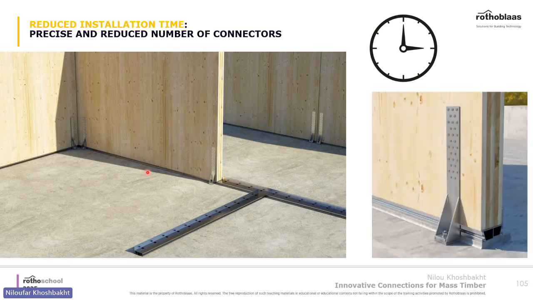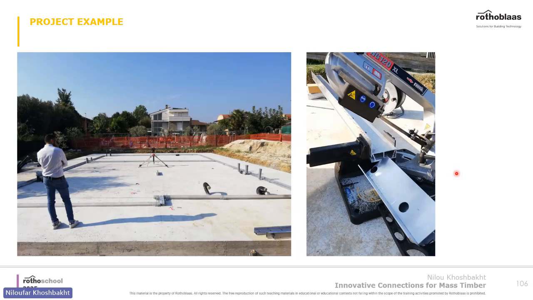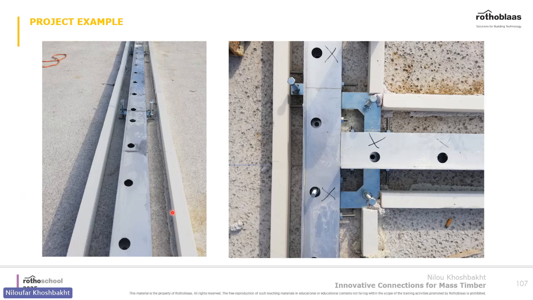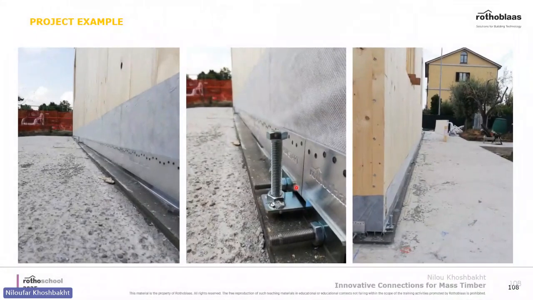Also, it has capacities, but you can add more angle brackets or hold downs to increase the capacity. Here it shows that you can cut it easily on the job site, and also here it shows that it's been leveled, adjusted, and the formworks are here. They pour grout, and after pouring grout, you can take out the adjustment screws.